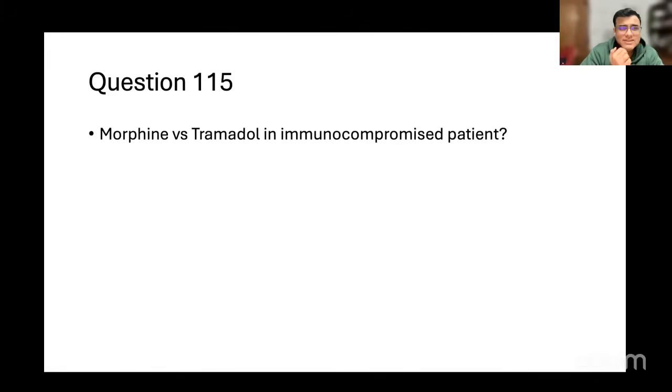So, morphine versus tramadol in an immunocompromised patient. Some opioids like morphine have some immunomodulatory property. Some antibiotics and some other drugs also have immunomodulatory property. Morphine reduces the function of natural killer cells, it modulates their function.